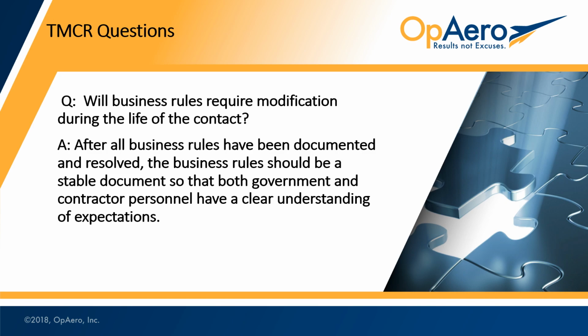So business rules can change. Changes in policy, changes in equipment, changes in technology are some of the events that will drive a business rule change. So just be flexible. Requirements for updating of the business rules document should be provided in the TMCR. So, a general statement that says, during the execution of the project, business rules might change based on what I just talked about.